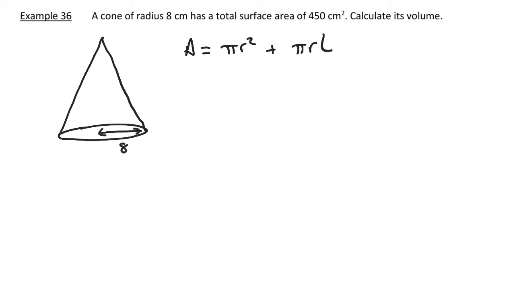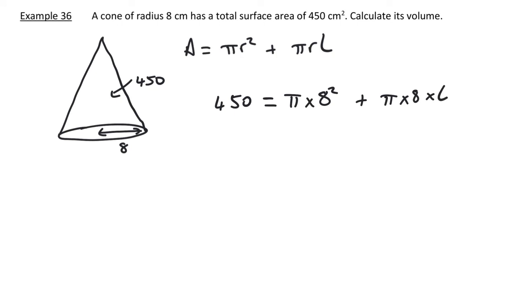And the radius was 8. And the total surface area was 450. So we can put that information in, and we get 450 is equal to pi times 8 squared plus pi times 8 times L.